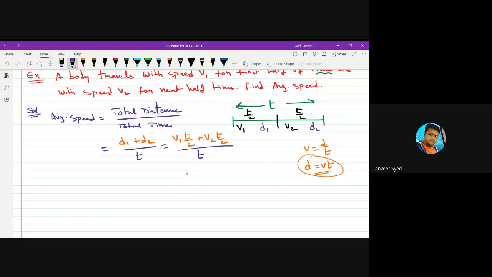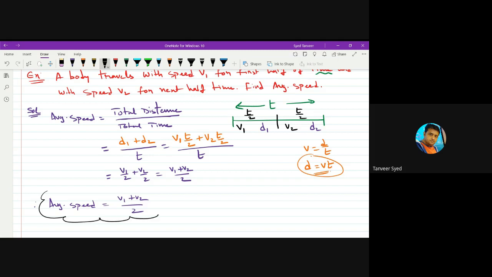t taken common, numerator and denominator get cancelled. So what do you have? v1 by 2 plus v2 by 2, which is v1 plus v2 by 2. So here average speed is v1 plus v2 by 2. A student asks how v1 into t by 2 plus v2 into t by 2 divided by t becomes the next step. t is getting cancelled in the numerator and denominator.